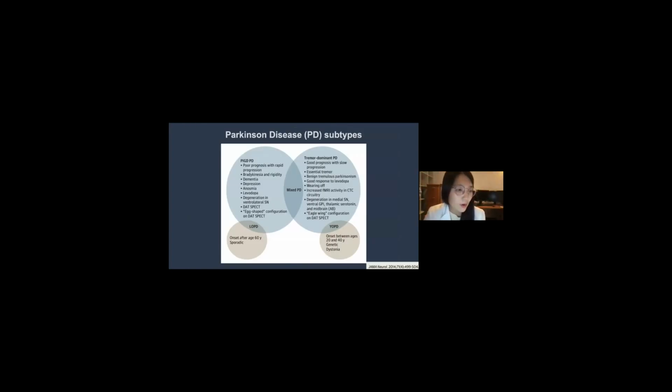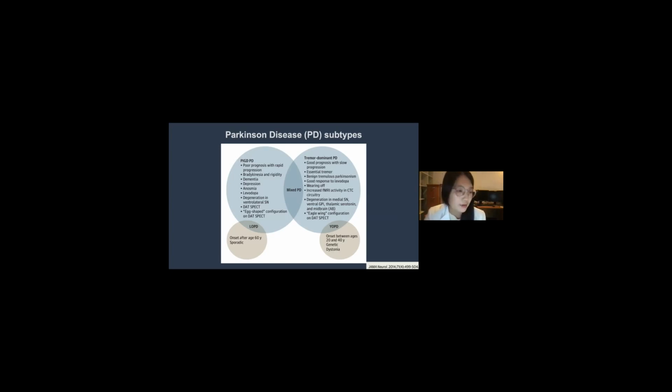Two subtypes of PD include PIGD-PD, whose main symptoms are postural instability and gait difficulty, with ventrolateral degeneration in the substantia nigra, showing poor prognosis and rapid progression.